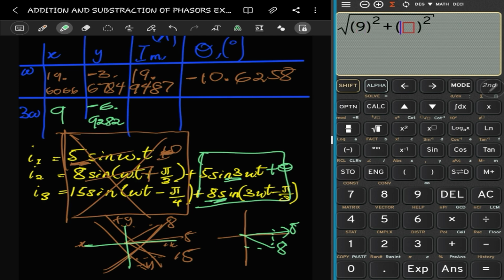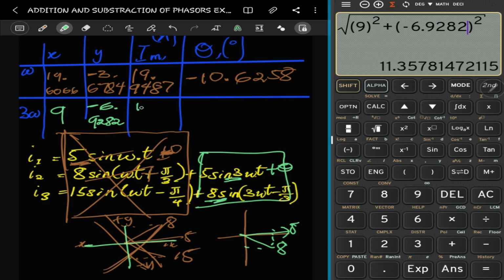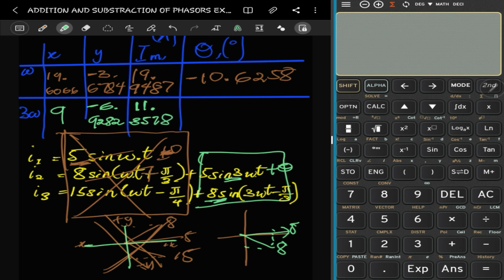So minus 6.9282, and that gives us 11.3578, right? So now we try and find the phase angle, the phase shift.